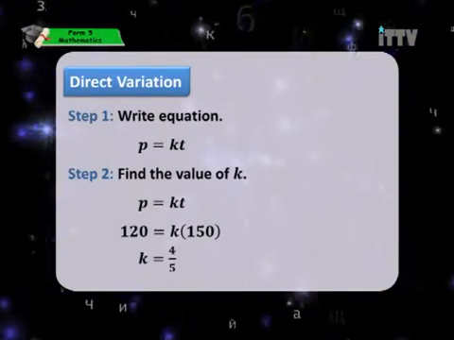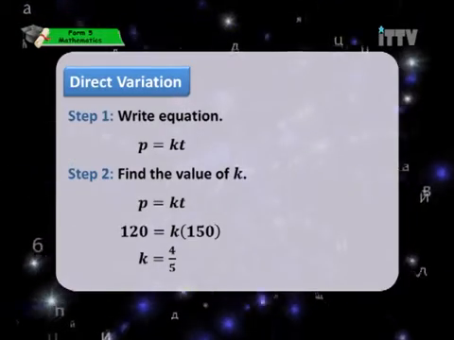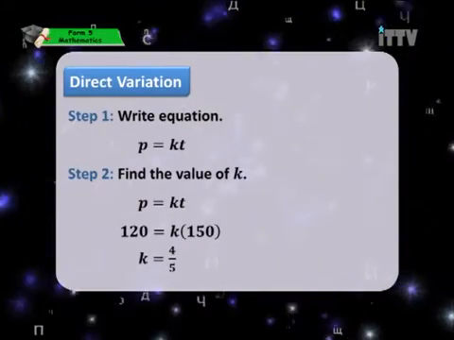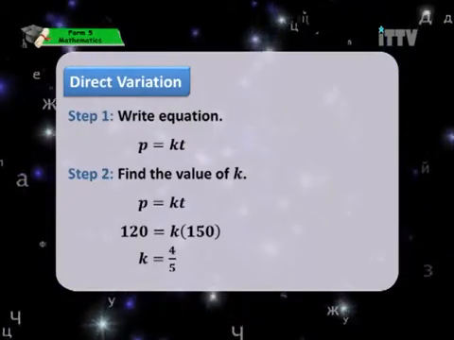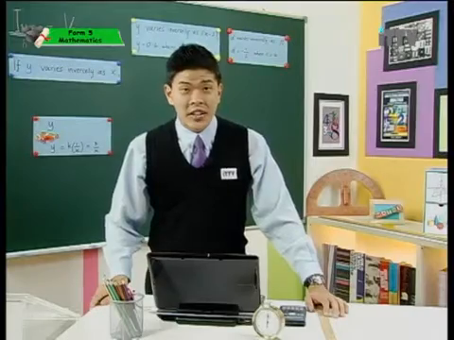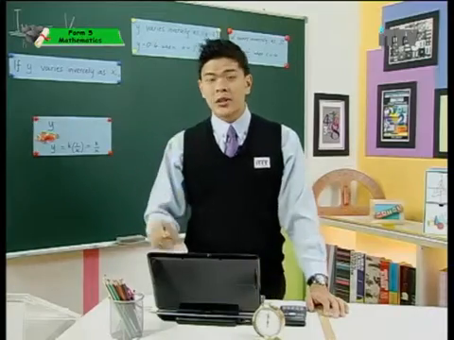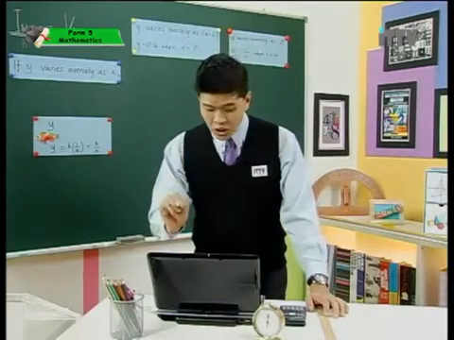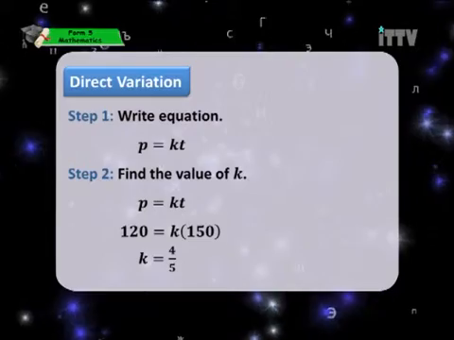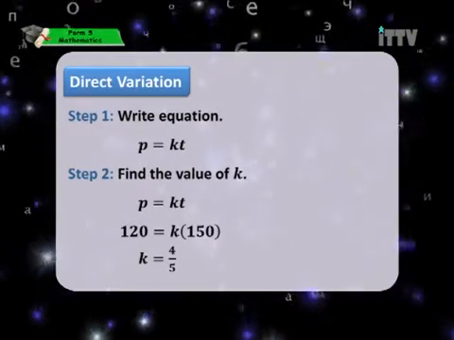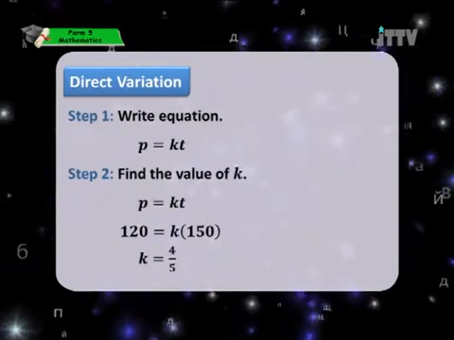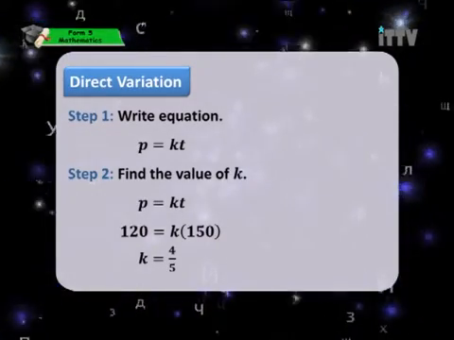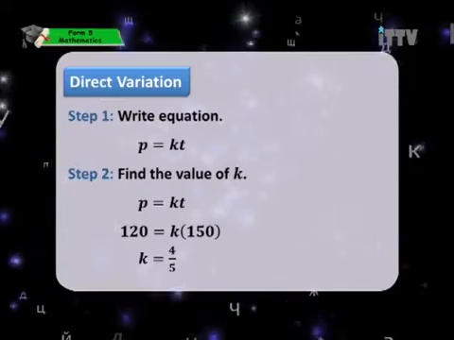Step 1, always write the equation. So P equals KT. And what is K? K is the constant of proportionality. Alright, so remember 2 ways to write it down, either symbol form or equation form. Step 2, find the value of K. P equals KT. 120 equals K multiplied by 150.